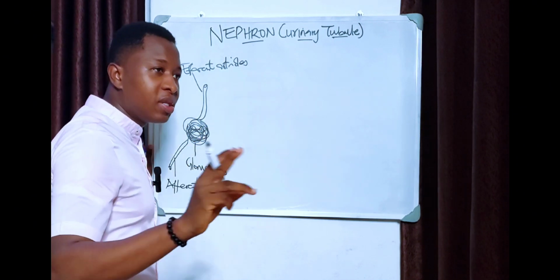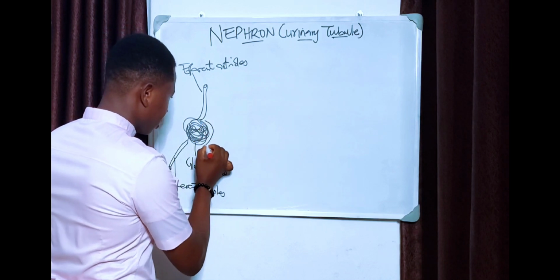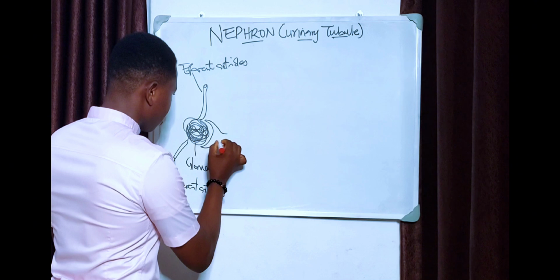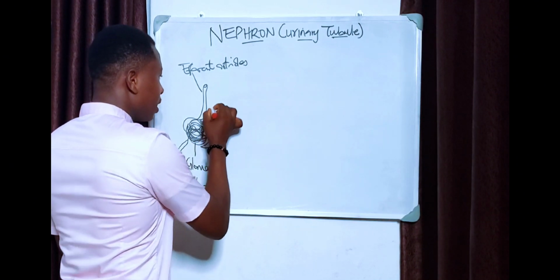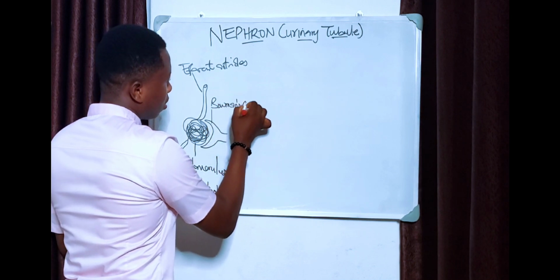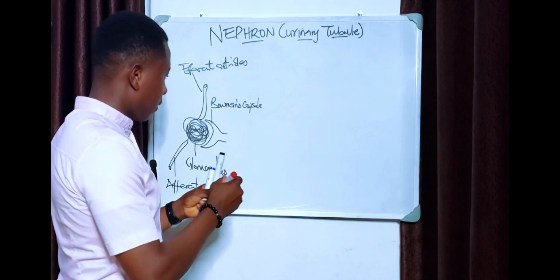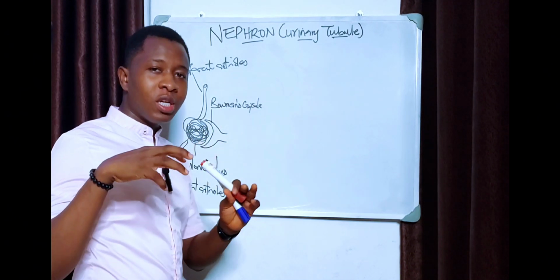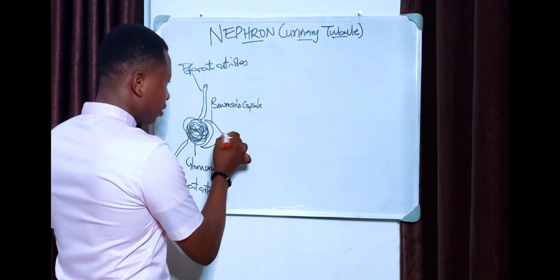The nephron begins with a capsule that looks like this. Now this capsule is what we call the Bowman's capsule. Now, immediately after the Bowman's capsule, there is what we call the convoluted tubule.